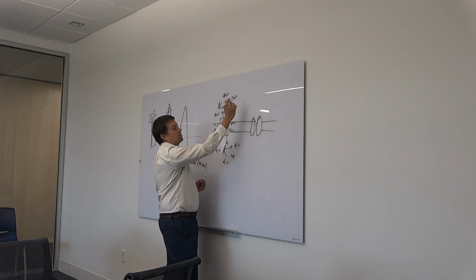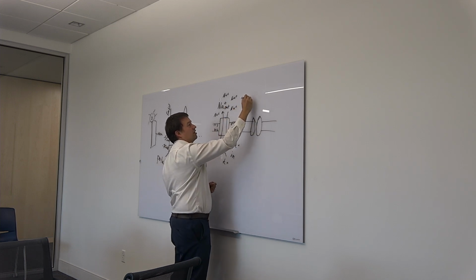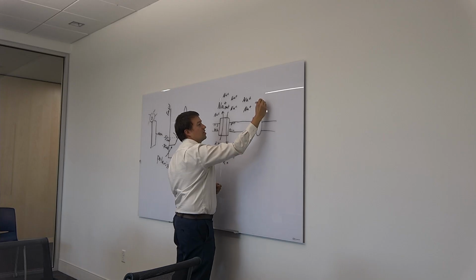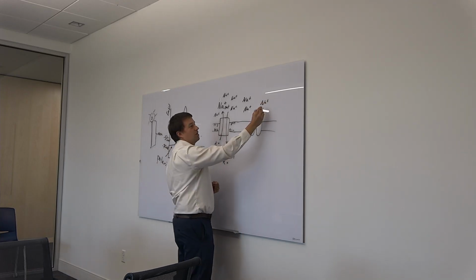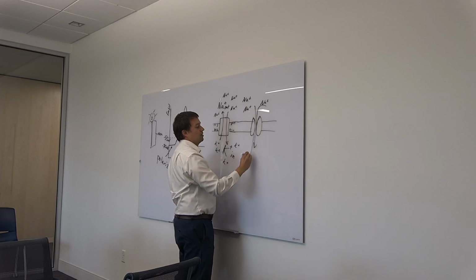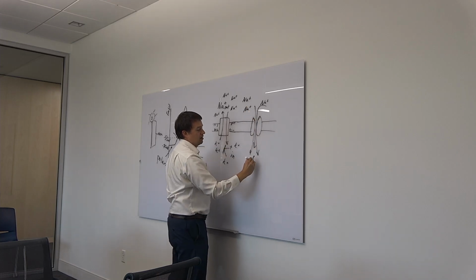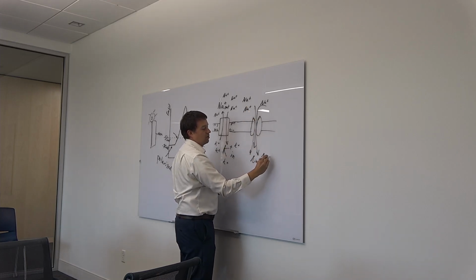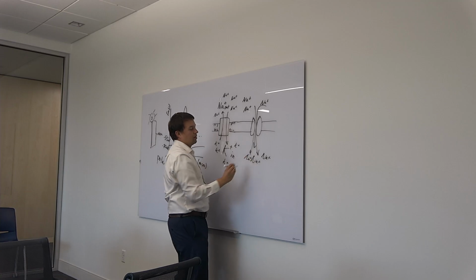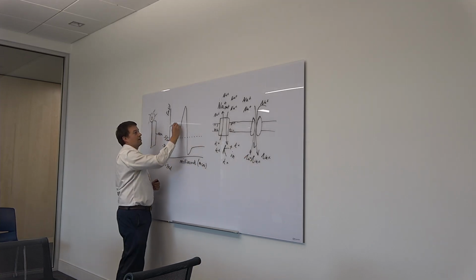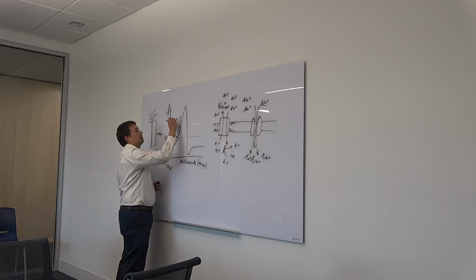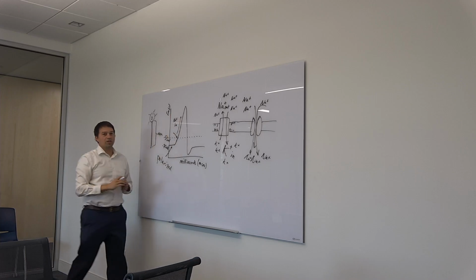Now remember, sodium is highly concentrated on the outside, and so when those voltage gated sodium channels open, that sodium will rush in very fast. So you'll get this rapid influx of sodium. Now sodium, remember, has a positive charge, so that sodium coming in will drive the voltage up.